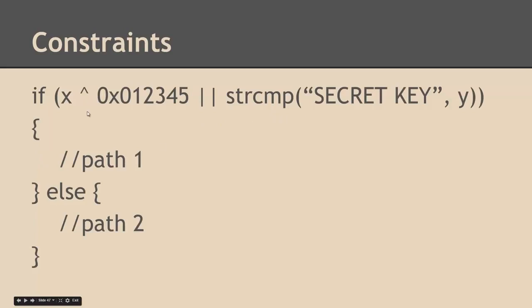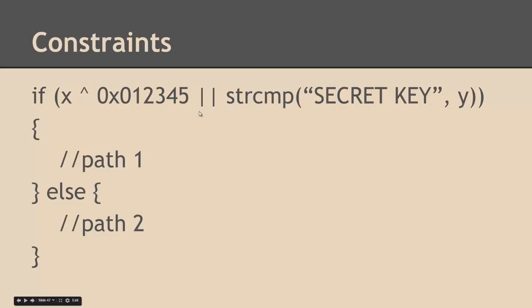So here's another example. Testing terminology would denote this as two different paths that this branch could take, or this statement could take, and sometimes there may be multiple ways to satisfy any given constraint.